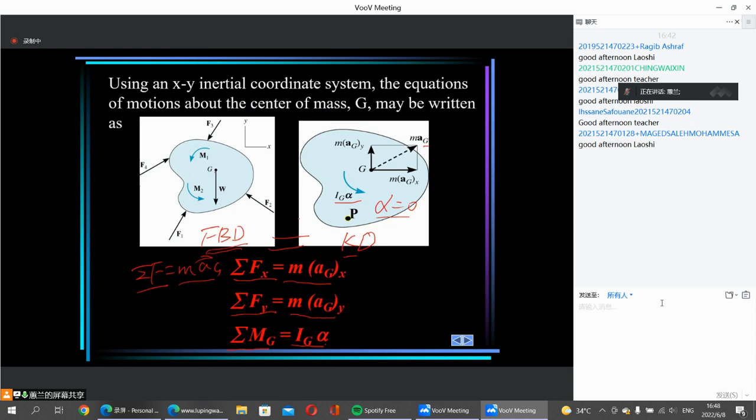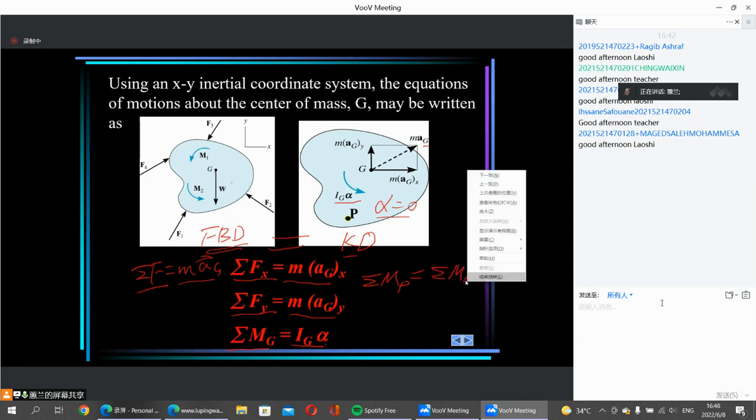Okay, definitely you can write it down about just any point, because for two equivalent force systems, the moment about any point should be equal to each other. So we can also write down sigma M_P, the moment about point P of the real force system, equal to sigma M_KP.